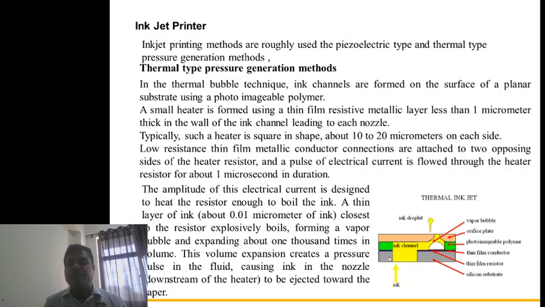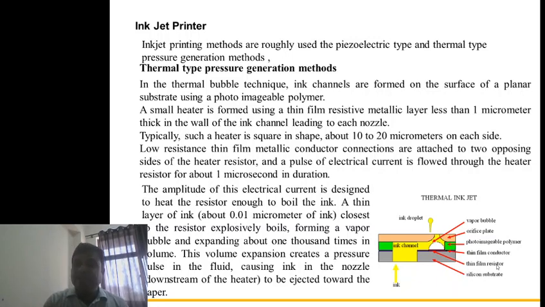Again, I repeat, to summarize the whole concept: the ink is placed in a tank called the ink channel. Then there are a thin film conductor and a thin film resistor, and this combination forms a heater. When we provide a current to the resistor for a very small duration, it boils the ink.